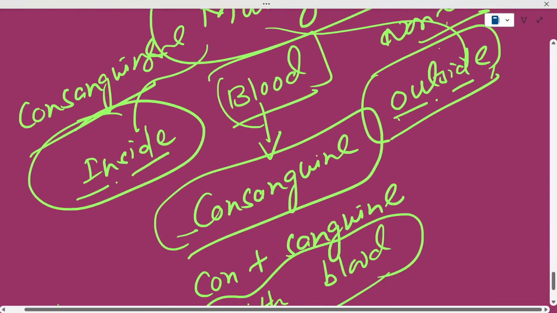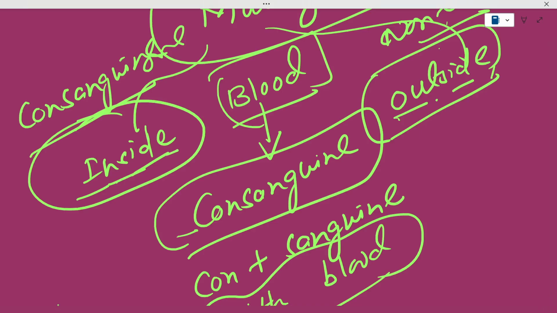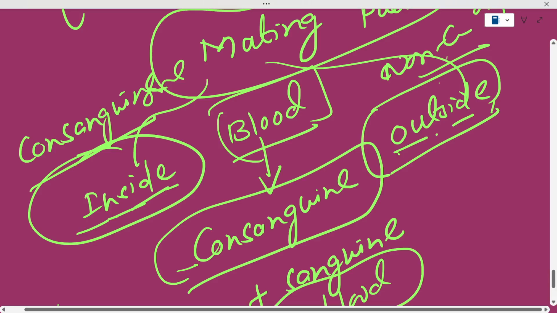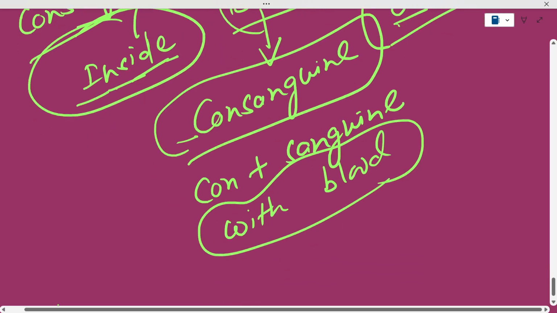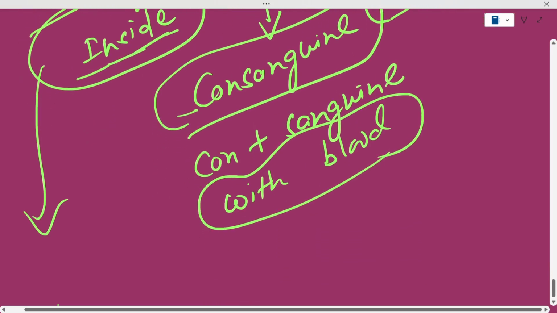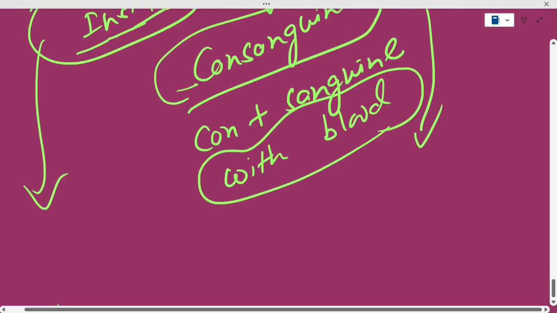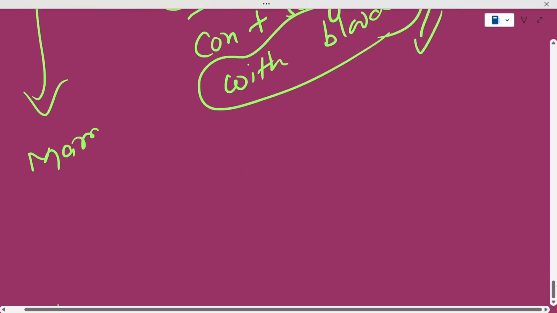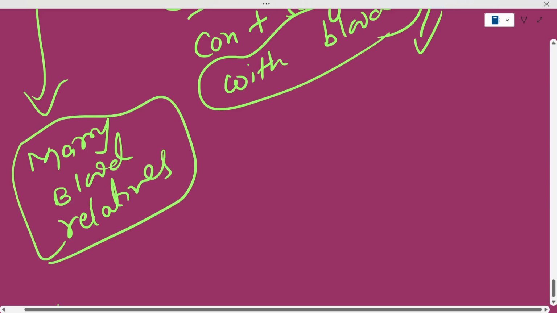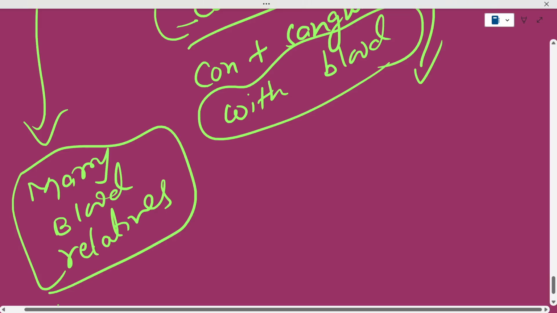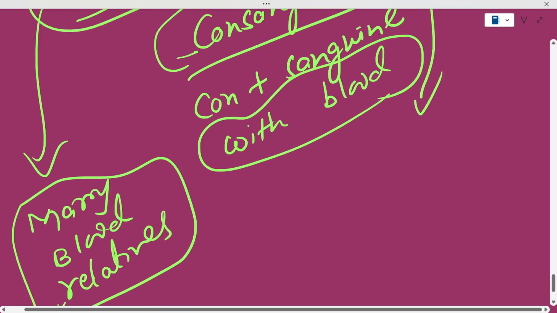So this inside versus outside is also gliding upon the same topic, that we need to club the mating patterns according to blood. The inside versus outside debate rests on whether a society marries its own blood relatives. Those societies that marry their blood relatives are known as consanguineous, and those who do not are non-consanguineous.